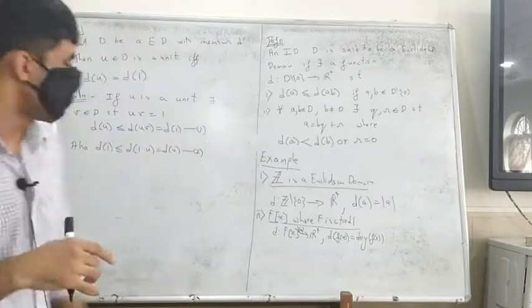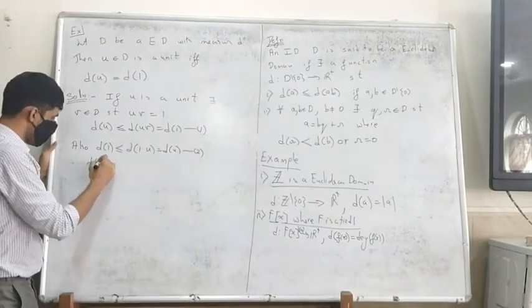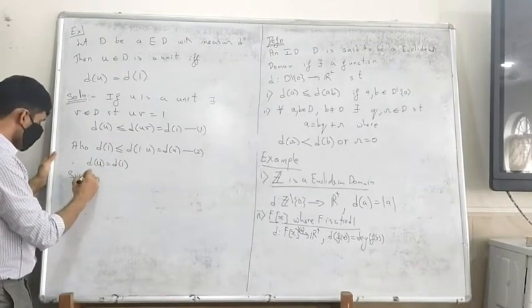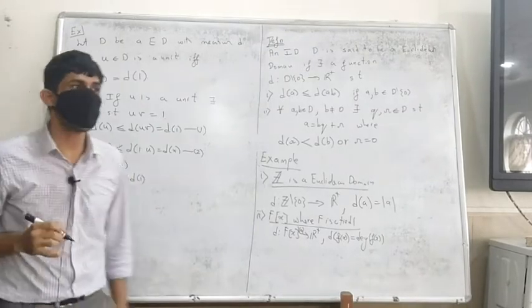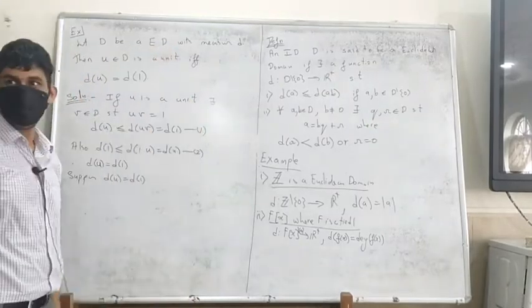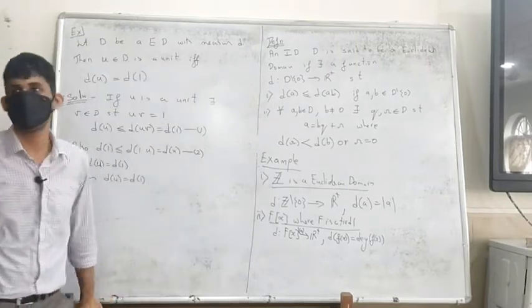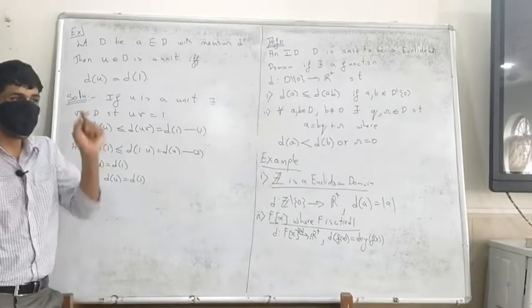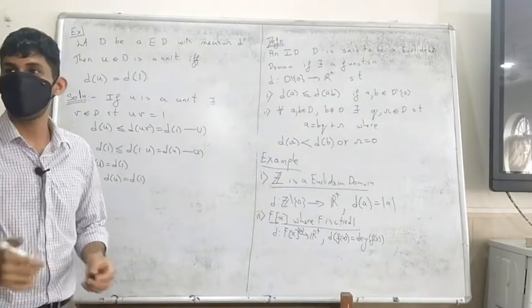What about the other side? Suppose d(u) equals d(1). I want to say that u is a unit. How do I catch hold of its inverse? Right?